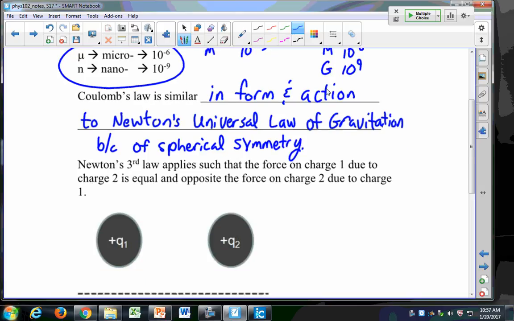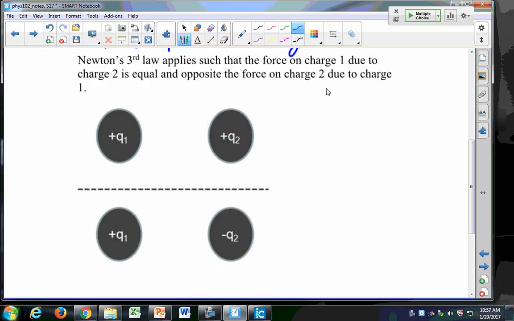Now Newton's third law also applies, so that if we have a force on charge 1 due to charge 2, then it'll be equal and opposite. So here, I have two charges, plus Q1, plus Q2. We're just going to sketch in what the forces look like. There's a force acting on this charge. Which direction is it? Up, down, left, right? Left is correct.